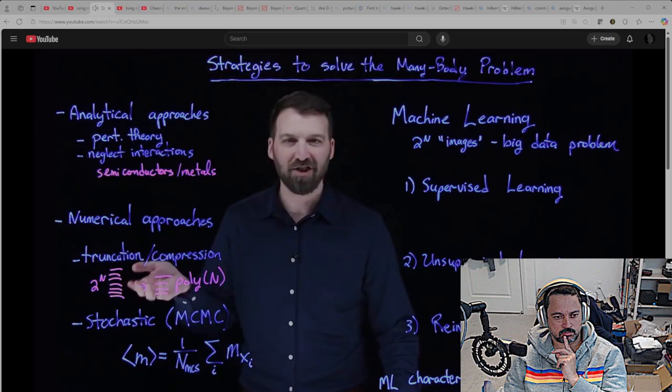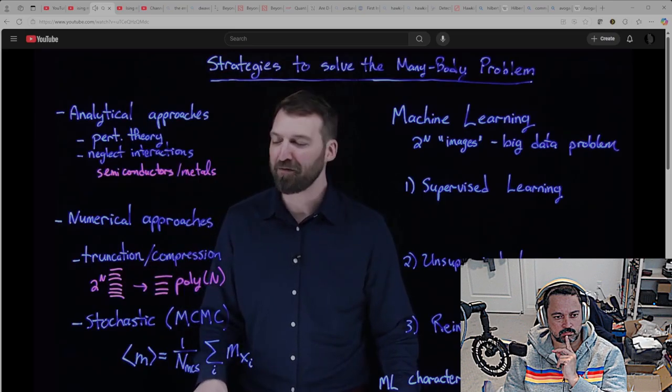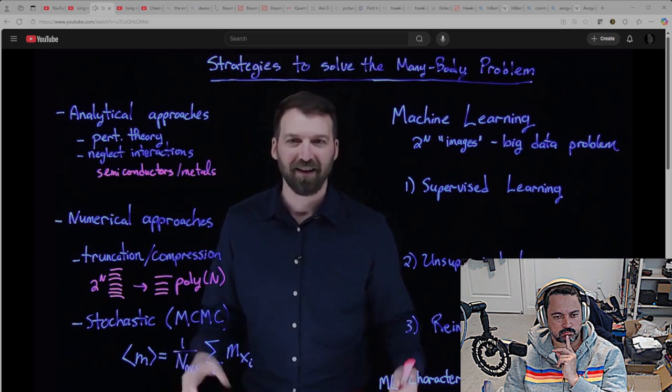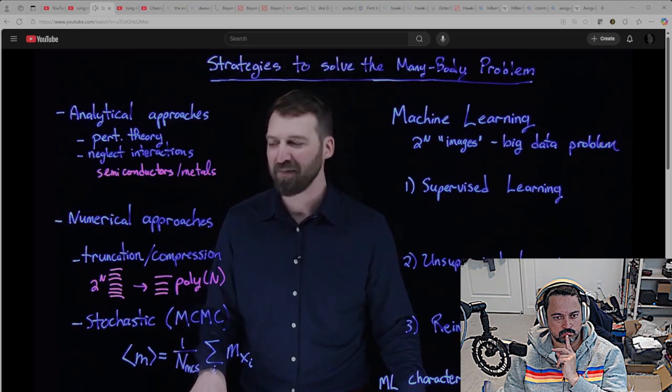These truncation and compression techniques, where you modify the Hilbert space, can have varying degrees of success depending on whether the problem is amenable to this type of truncation.